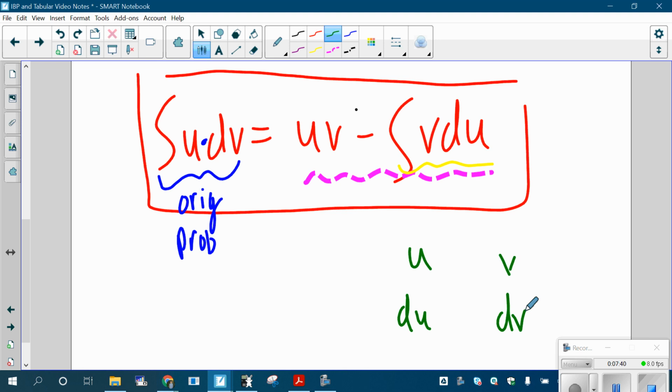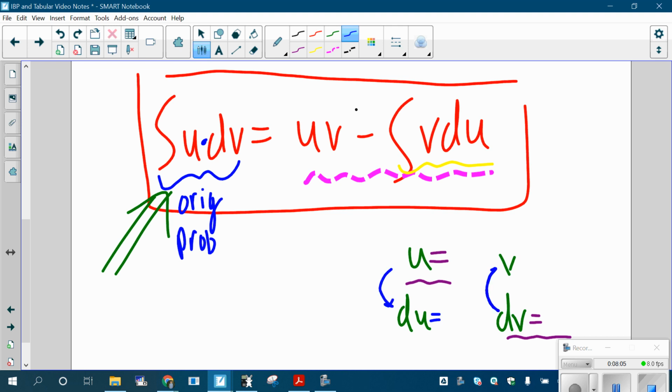But because you start over here, you pick whatever you want u to be, and you pick whatever you want dv to be. And then you figure out the other two. If you pick u, how do you find du? It's the derivative of u. If you have the derivative of v and you want v, you have to do an antiderivative. So you pick those two purple ones, and then you calculate the two blue ones, and then you have all four pieces of the formula. Kind of like u-sub.